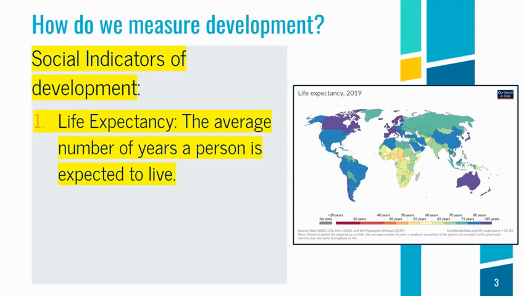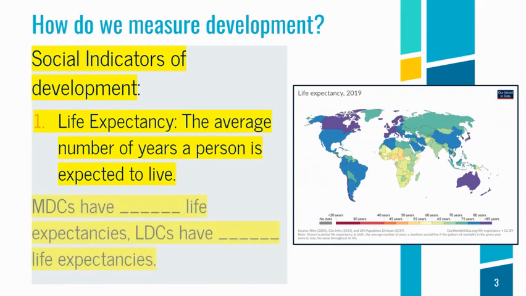So life expectancy is the average number of years a person is expected to live. For each of these, then, you are going to fill in this sentence about whatever the indicator is. So more developed countries have blank life expectancies. LDCs, or less developed countries, have blank life expectancies. So based on what you're seeing here, you can see differences in life expectancy throughout the world.